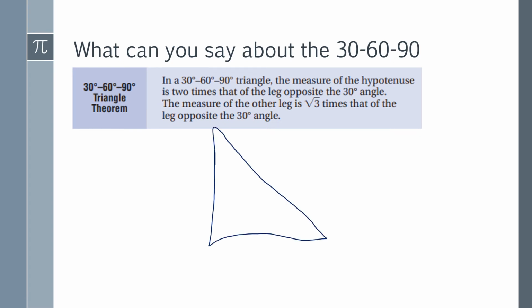So going back to our triangle, we started off with 6 on the opposite leg, right? And then on the hypotenuse, it went to 12.